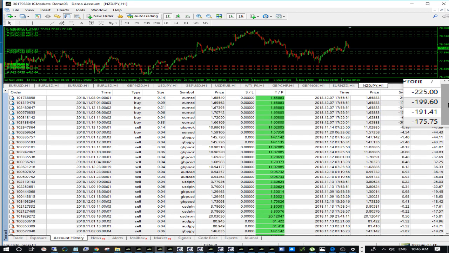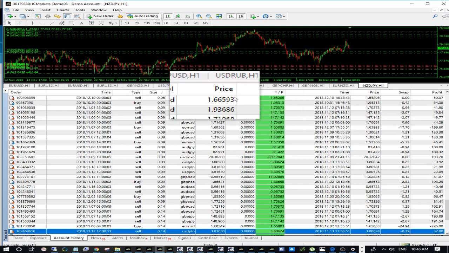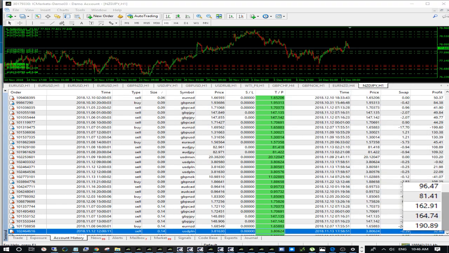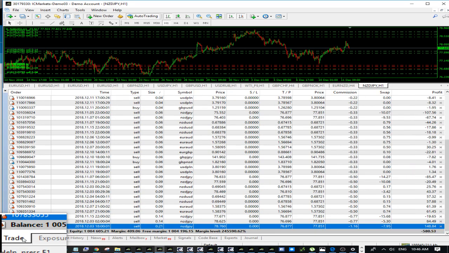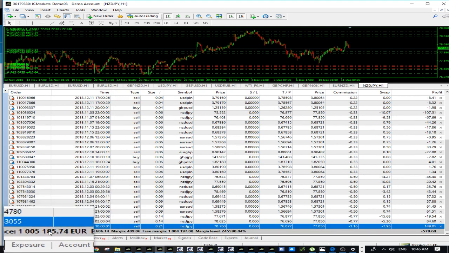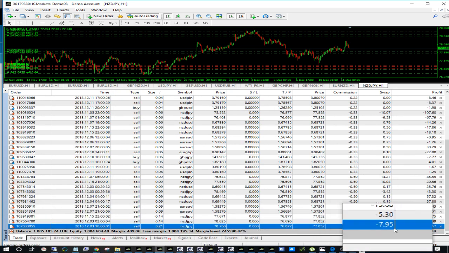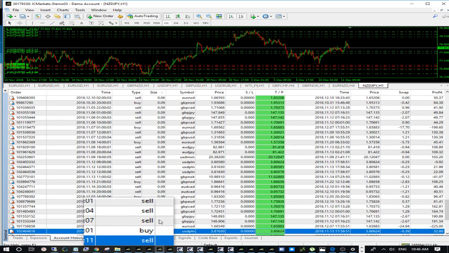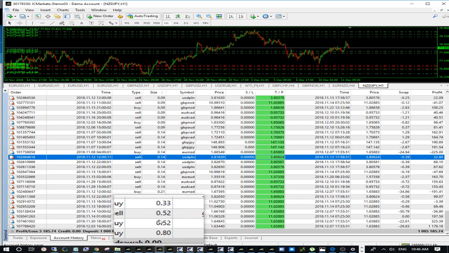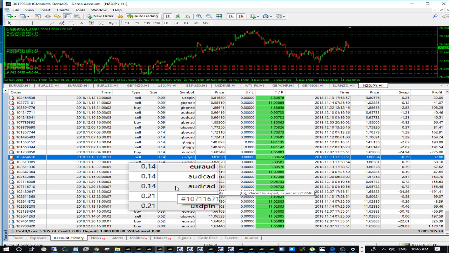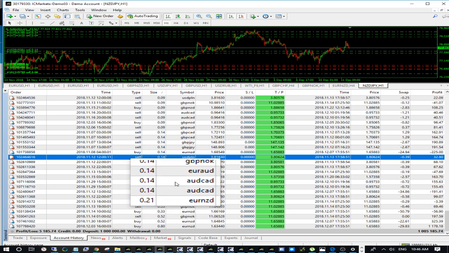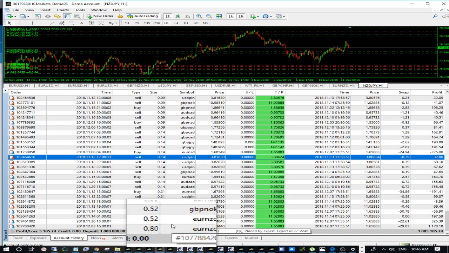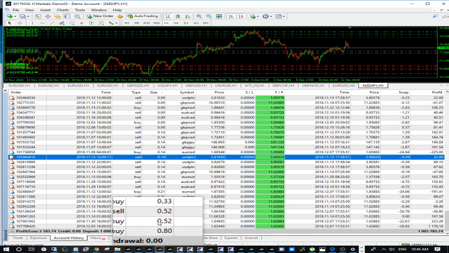Now as I filter the lot size here, by the way guys, this system made 5,185 euros, and that's pretty cool because it's almost 2 months, and if we can make that type of money while we are sleeping, that would be awesome, right?